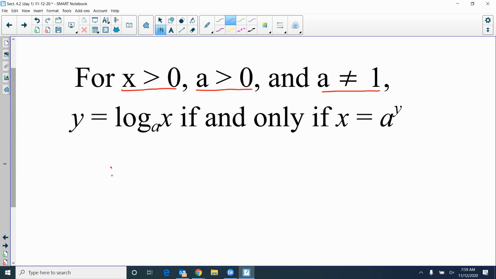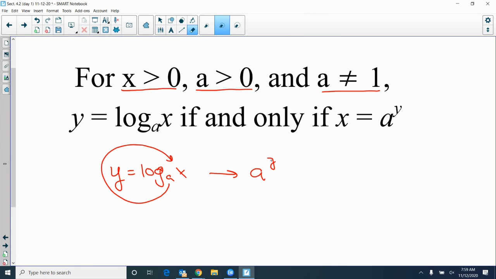So y equals log base a of x. A lot of you learned the little swoop method, right? So that means if you got log base a of x, that means a to the y equals x.